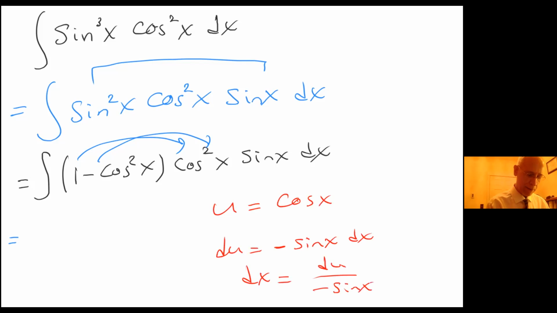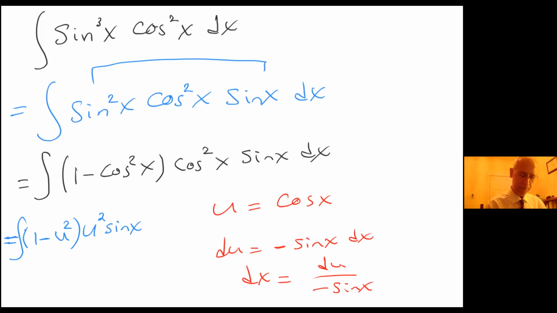So now I can rewrite this integral as 1 minus u squared, times u to the second, and then I have sine of x, and dx is du over minus sine of x, and that nicely cancels. Then I'm going to go ahead and distribute this u squared.